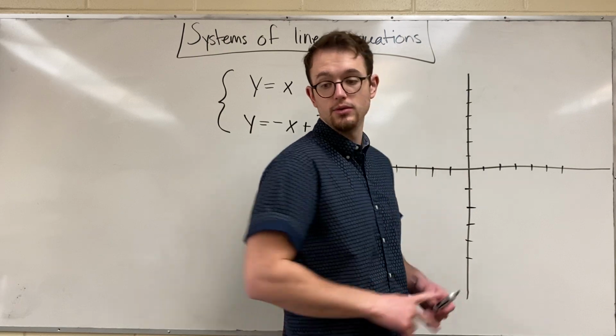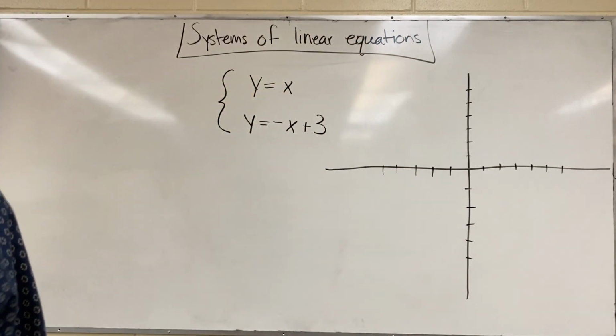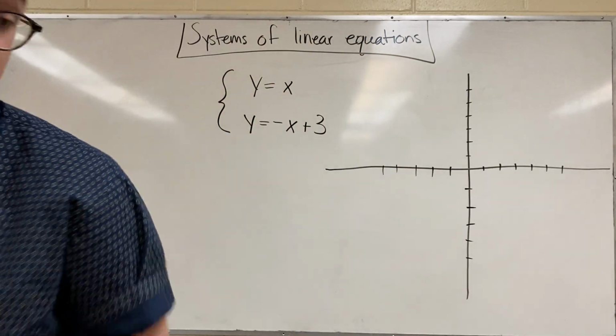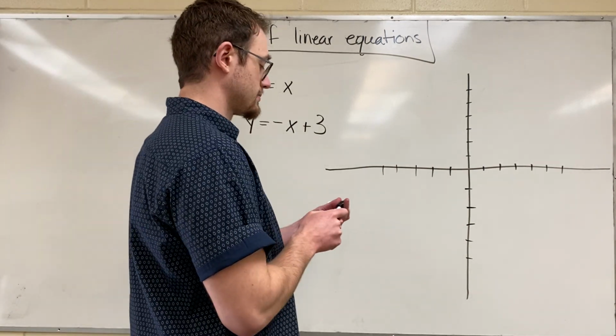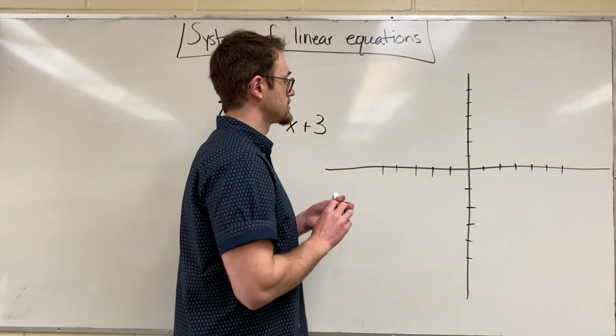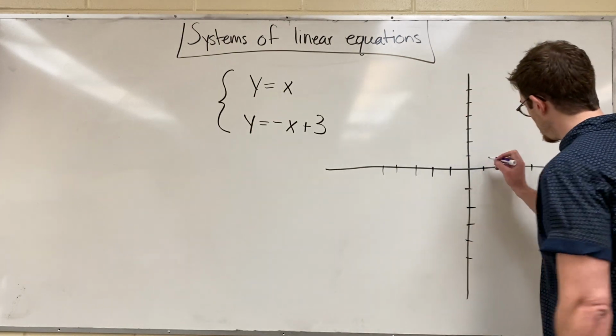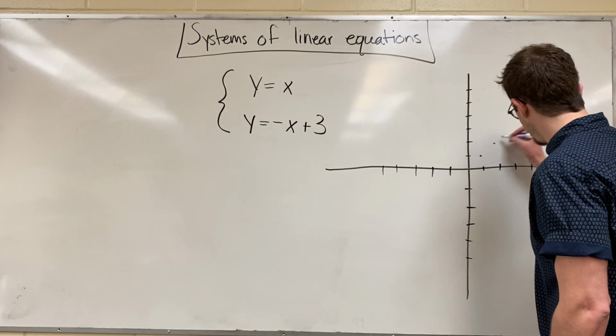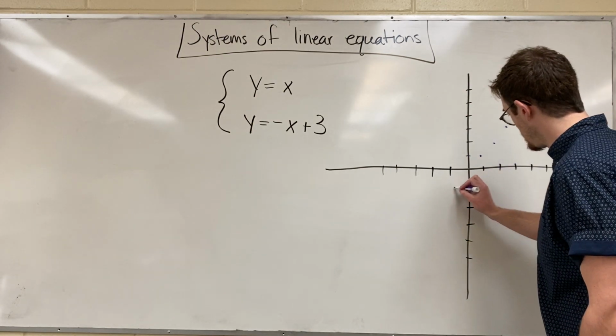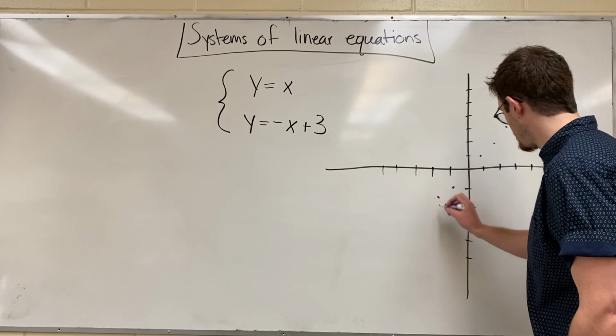Let me get two different colors going. Let's do blue and purple. First, I'm going to graph the first one. Up 1 over 1, up 1 over 1, up 1 over 1. Just reverse it.